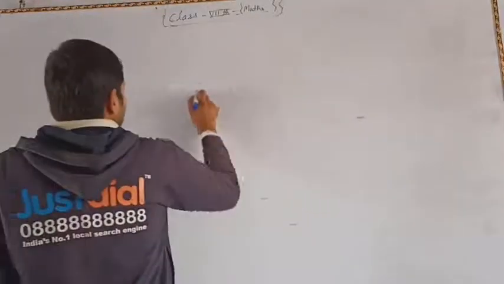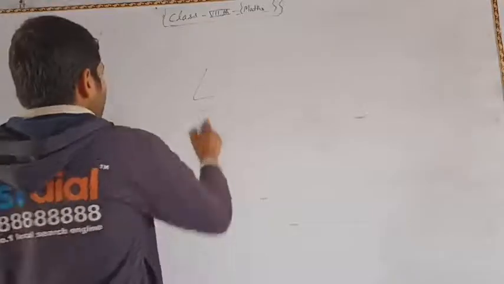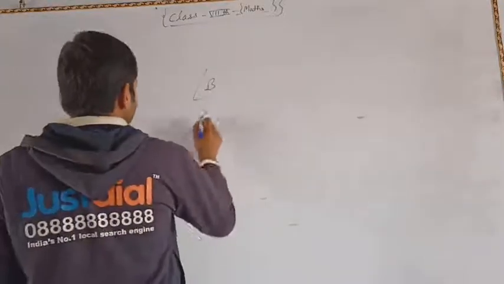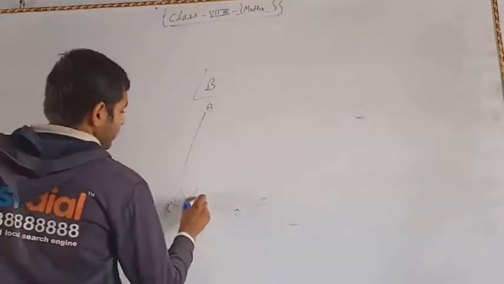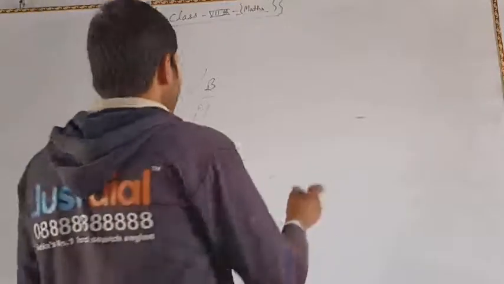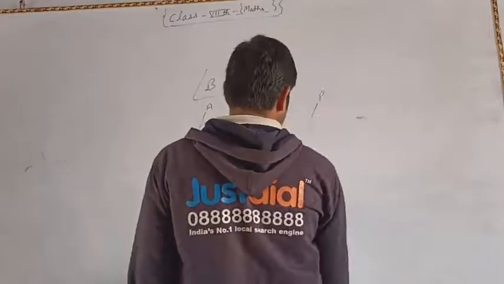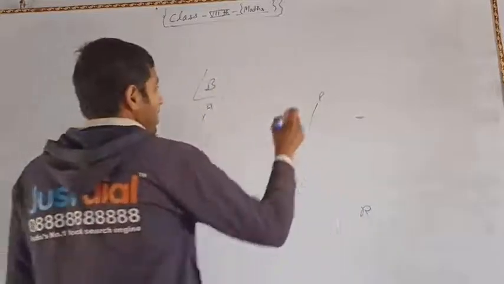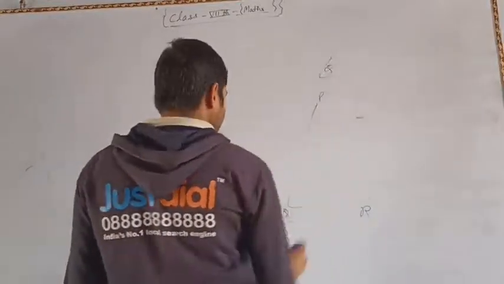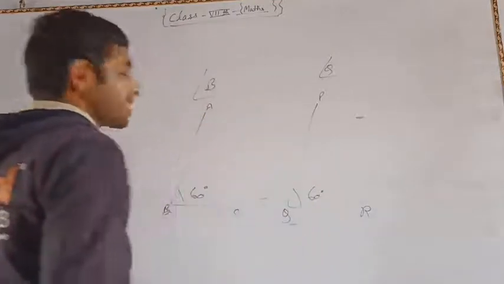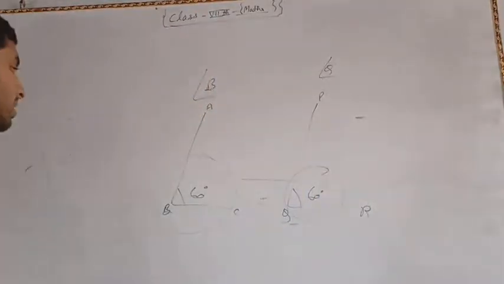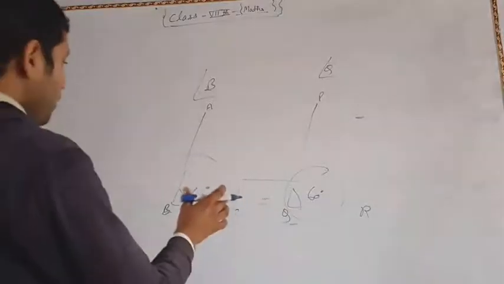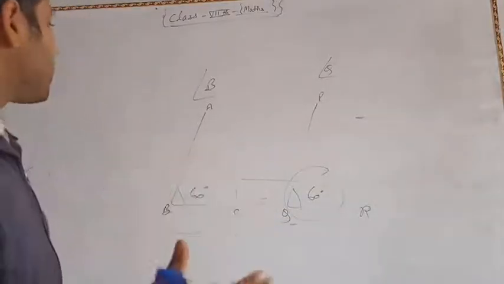If you form angle B in ABC, this is 60 degrees, suppose, and in the other figure PQR, angle Q is also 60 degrees, then this angle is also congruent to angle Q. So here angle B is congruent to angle Q because both angles are of the same measure.